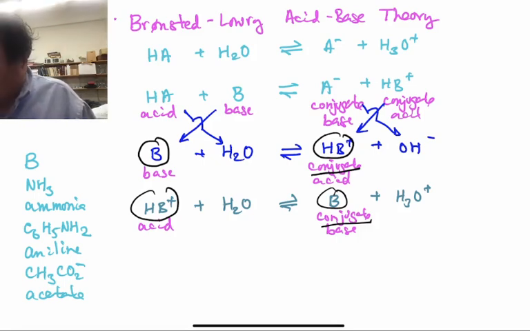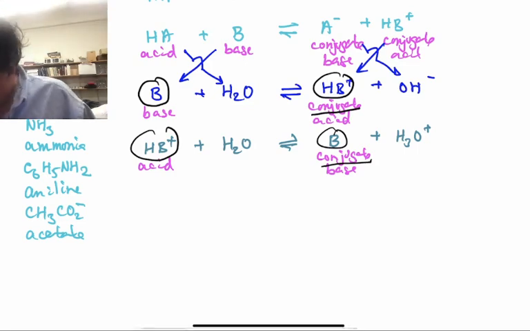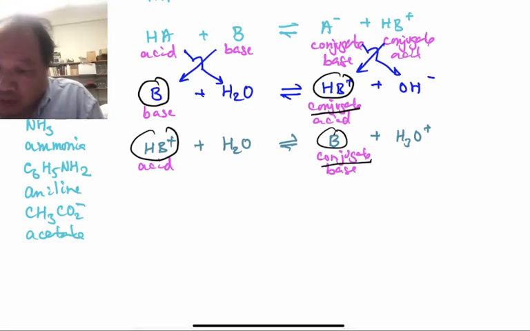Let's look at their equilibrium constants. For the first reaction, we're going to define Kb versus Ka, because this is the reaction where B is the base.